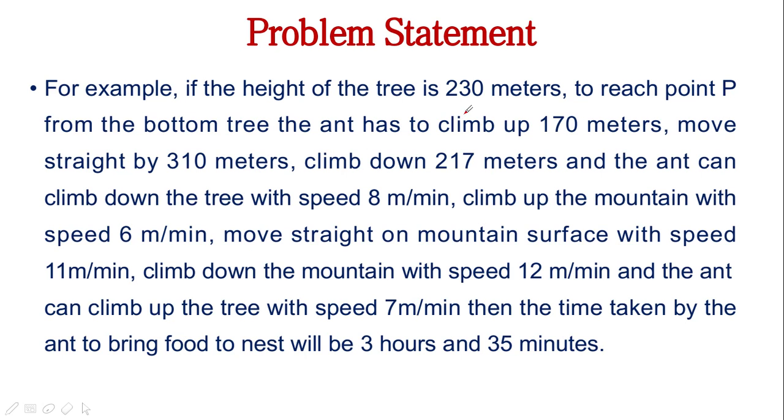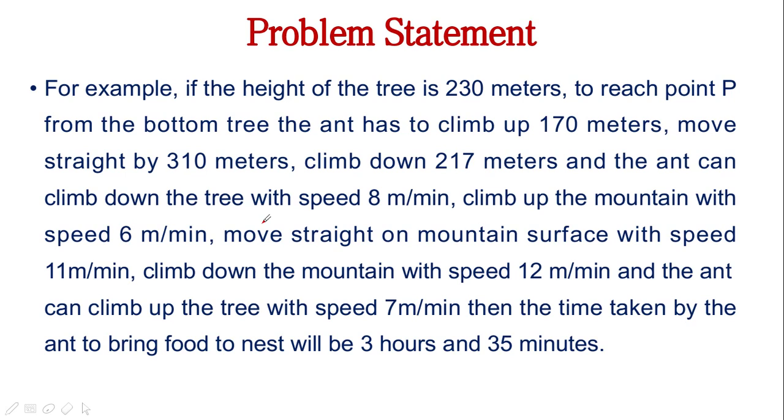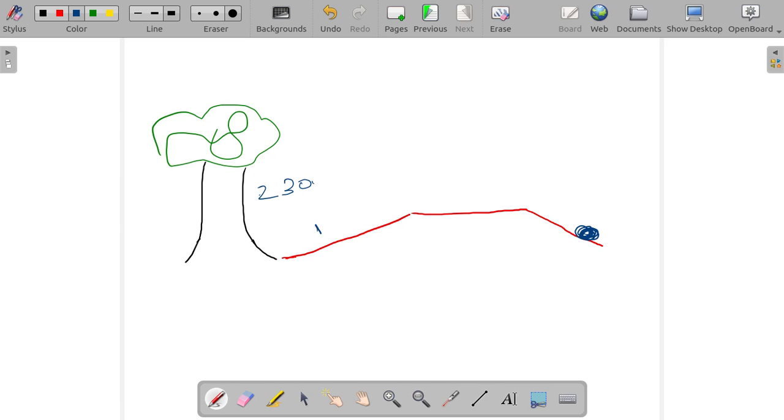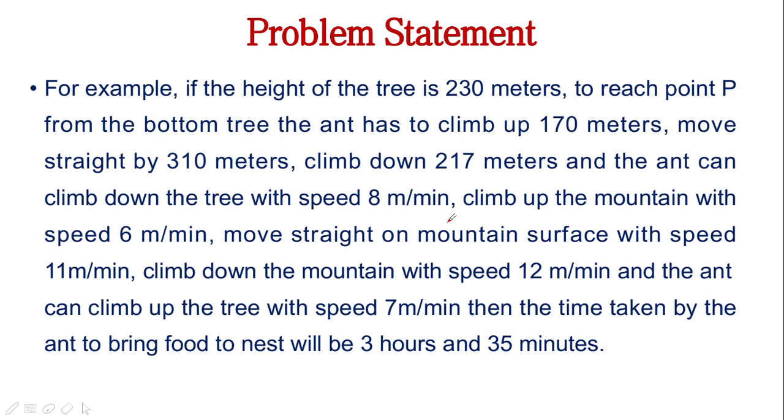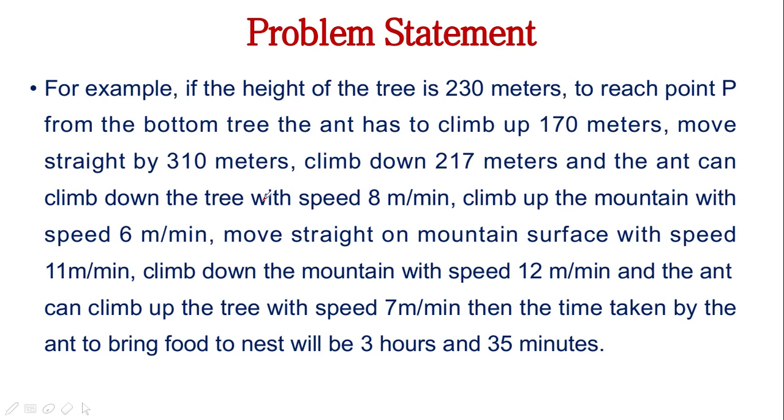The height of the tree is 230 meters, and then the ant has to climb up 170 meters, then go straight by 310, and then climb down by 217.